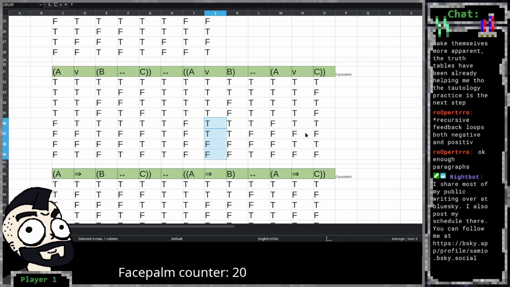So the bottom 4 rows are functionally B if and only if C, and therefore they will have the structure TFFT, which is this structure again. So of course they will be equivalent. In the first 4 rows they're equivalent because A is true, and the bottom 4 rows they will be equivalent because B if and only if C.